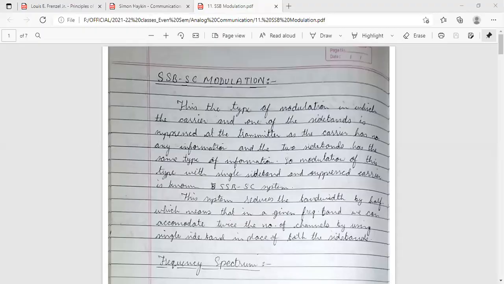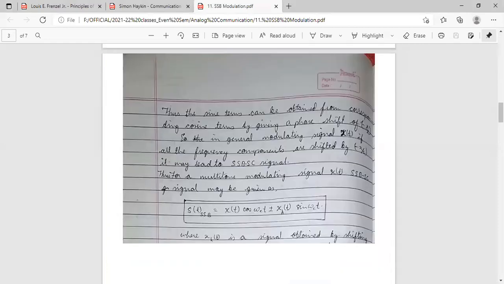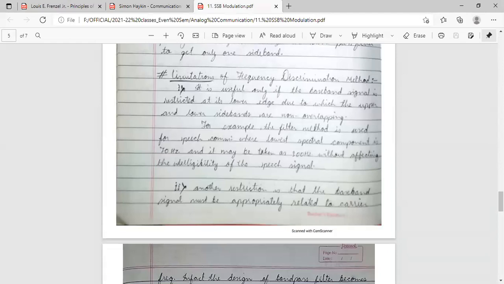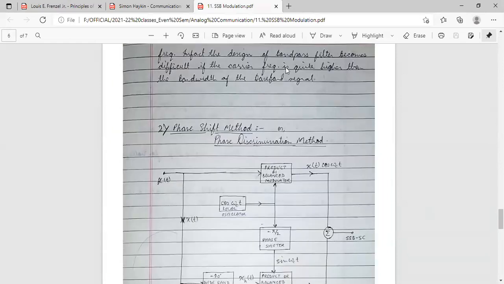Okay, so I think you can observe the notes. Is it visible? Yes, sir.